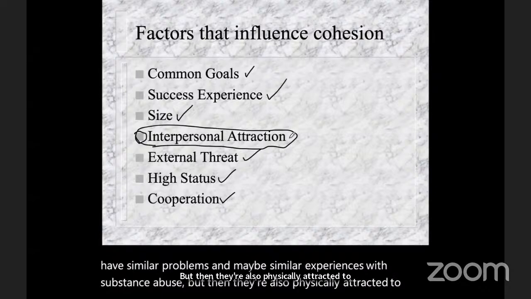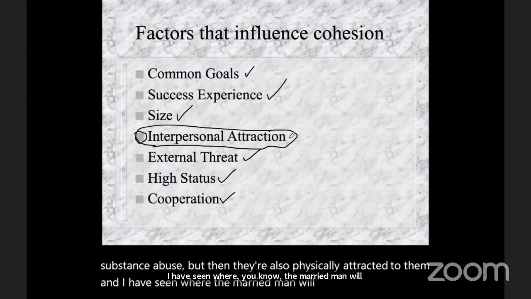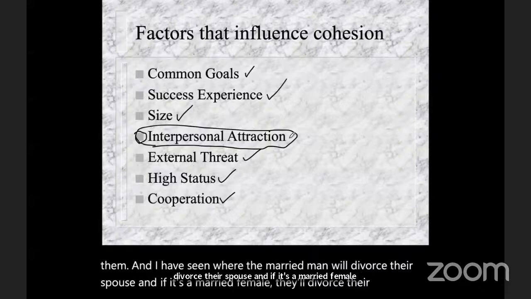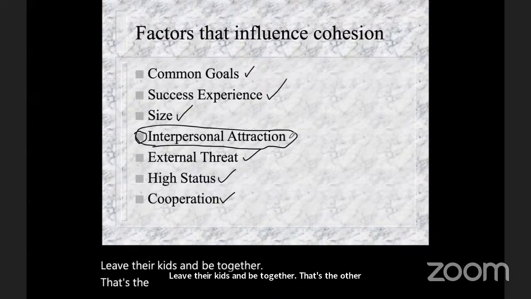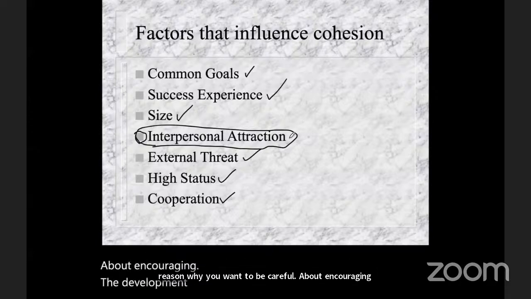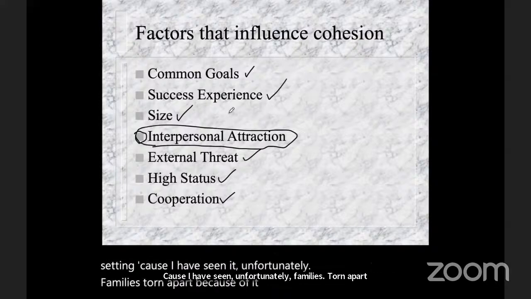And I have seen where the married man will divorce his spouse, and if it's a married female, she'll divorce her spouse, leave their kids, and be together. That's the other reason why you want to be careful about encouraging the development of intimate relationships within the group setting, because I have seen, unfortunately, families torn apart because of it. So that's another thing you want to be aware of as a facilitator.